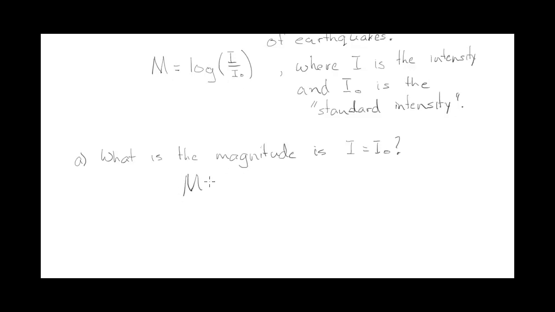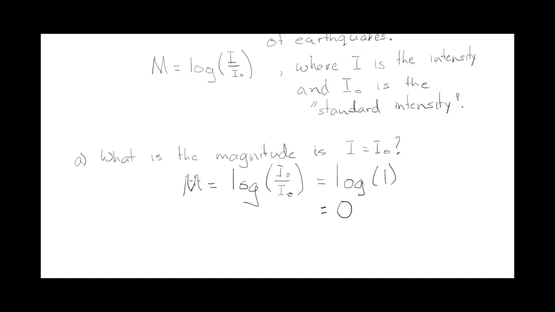So we'll use this equation, and if I was equal to I naught, then I'd substitute I naught into the equation. I'd have I naught over I naught, which would be the log of 1. I naught over I naught would be 1, and we know that the log of 1 is 0.